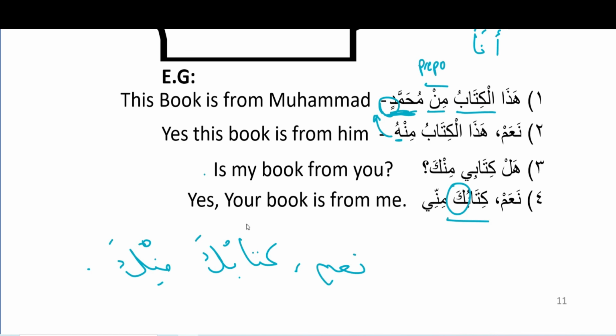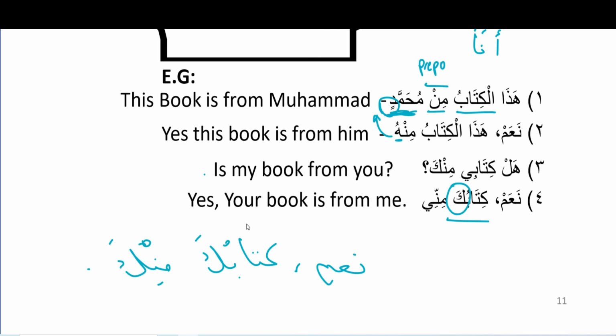One, again, you manage to exchange from ya all the way to hum. Second, it strengthens the way you exchange and connect this dhamir muttasil. Second, you are practicing your Arabic speech, Arabic conversation. Third, while you are exchanging from ya all the way to hum, you have to visualize the translation.